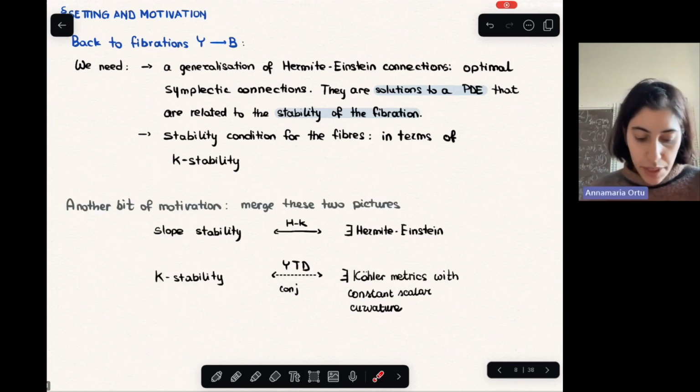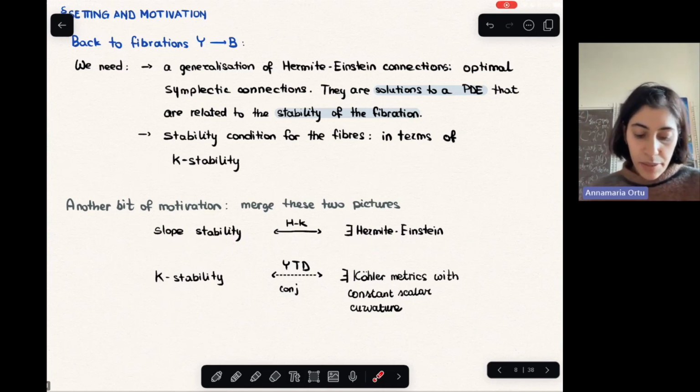So maybe another little bit of motivation before I go into some more technical details. As I said before, we have the Hitchin-Kobayashi correspondence that establishes an equivalence between slope stability and the Hermite-Einstein PDE.